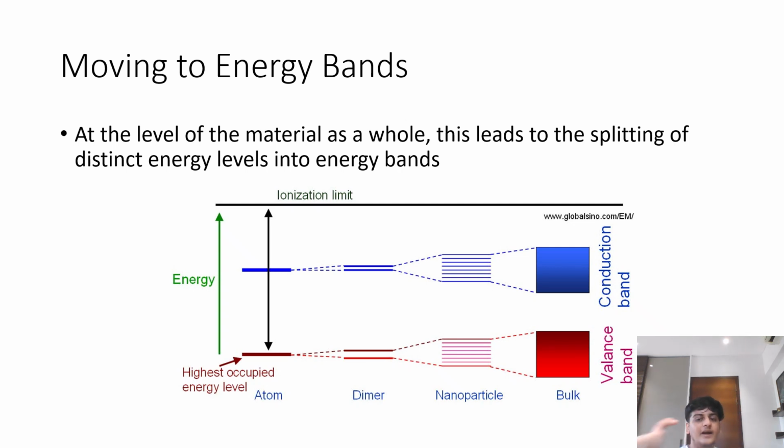Imagine a band of thickness say 0.1 eV, by the way, eV is a unit of energy, it's called electron volt, in which you have 10 raised to 23 different energy levels. Because all these energy levels have split, it's almost as if the electron can now take any of these energy levels, whereas initially it was bound to only a single energy level. So again, bottom line of this statement is, due to these interactions, these energy levels split into energy bands.